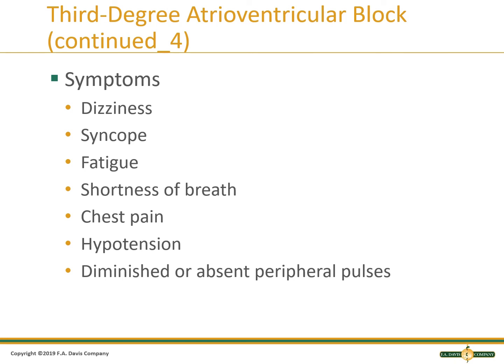Remember that at this time, the heart is beating at 40 to 60 beats per minute. Typically, severe symptoms such as confusion, dyspnea, severe chest pain, hypotension, or syncope are associated with wide QRS complex rhythms or the ventricular foci. At this time, the heart is beating at 20 to 40 beats per minute.